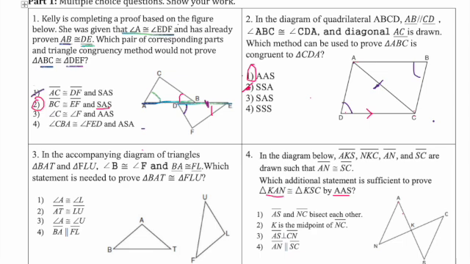But why would you need this to prove that? Okay, you wouldn't, right? You know this is congruent, and this is congruent, this is congruent, and this is congruent, right?